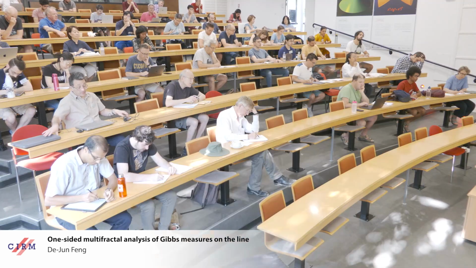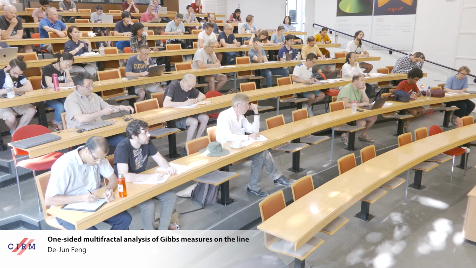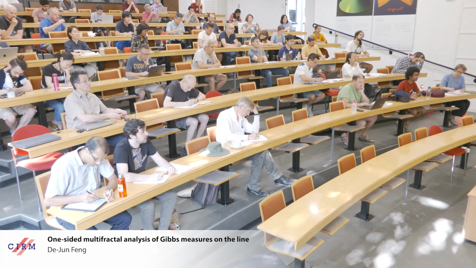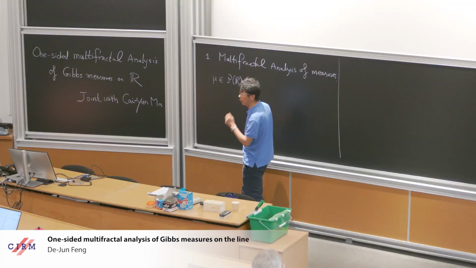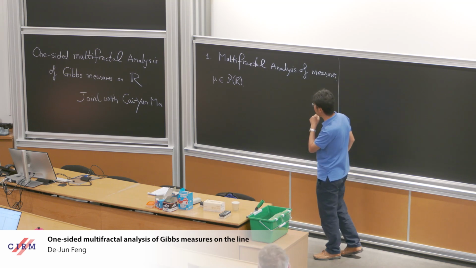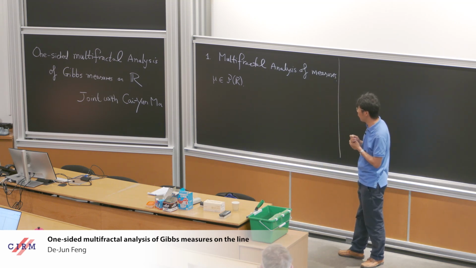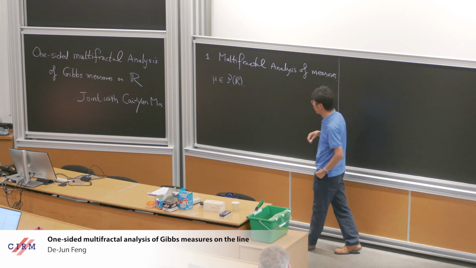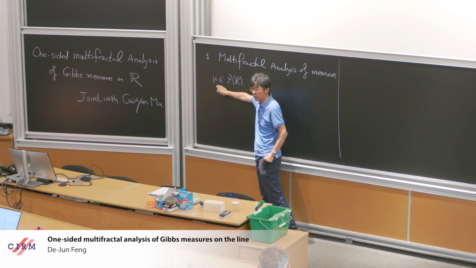Okay, let mu be a probability measure on the real line. So in multifractal analysis, people care about the local dimension of mu.